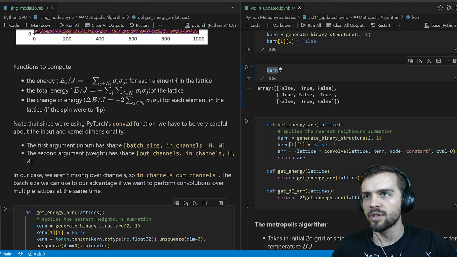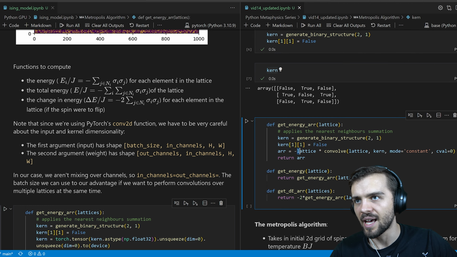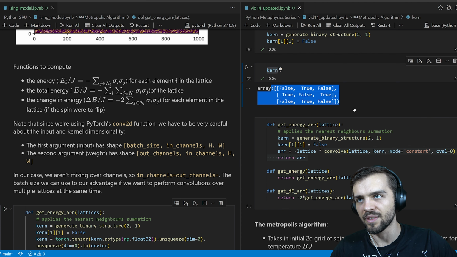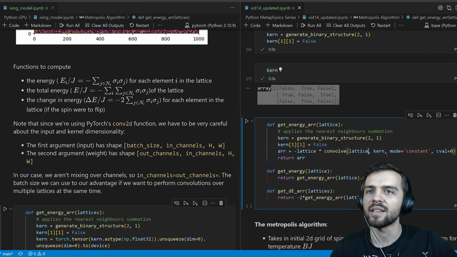So when I do lattice times this convolve function, I'm factoring sigma i outside, so I get negative sigma i times this sum over nearest neighbors, and the sum over nearest neighbors is equivalent to convolving this kernel with the lattice itself.